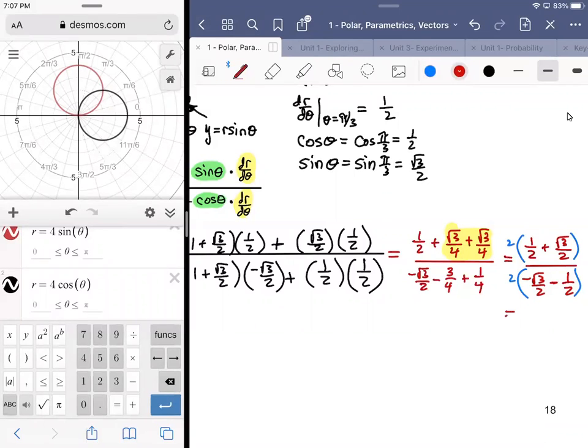We have to plug this into the tangent line equation formula, so just for our own sanity, it makes sense to clean it up right now. Negative rad 3 minus 1.